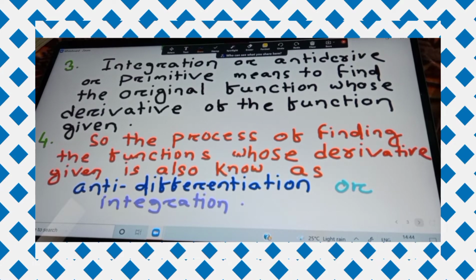But in integration, the derivative of the function is given, and we have to find the original function whose derivative is known. The process of finding the original function whose derivative is given is known as integration, antiderivative or primitive.